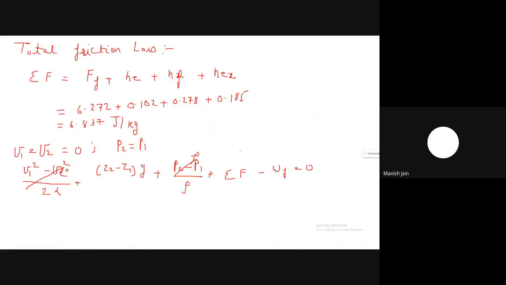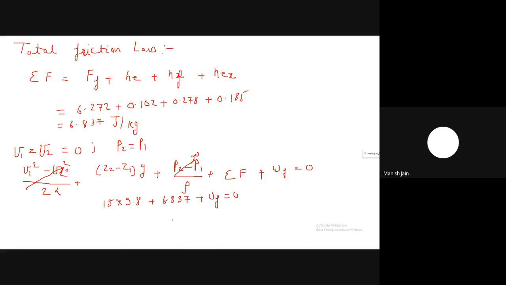So 15 multiplied by 9.8 plus sigma F. The sigma F value is positive, because the pump will add the energy. Sigma F is 6.837 plus Wf equal to 0.